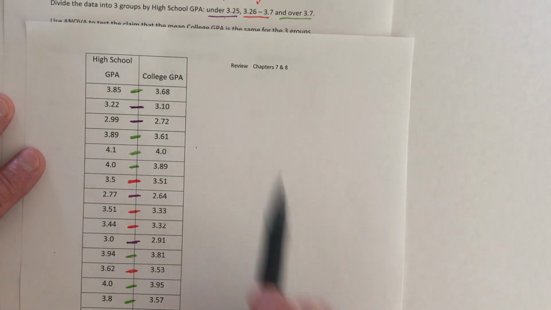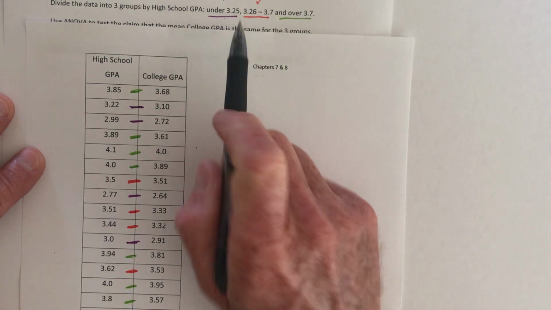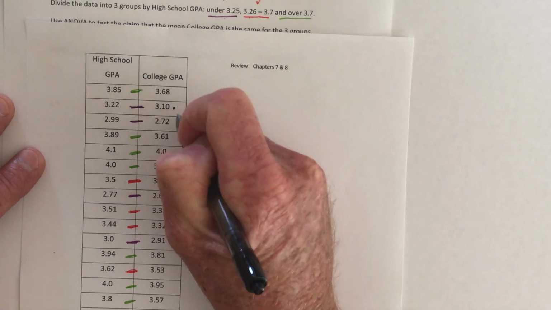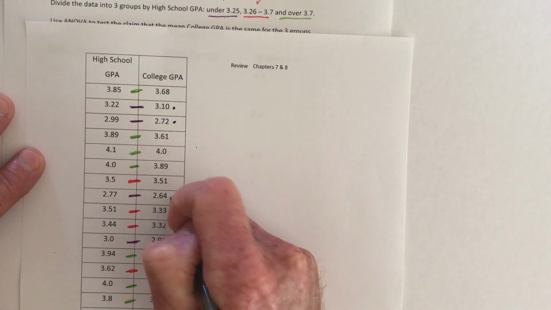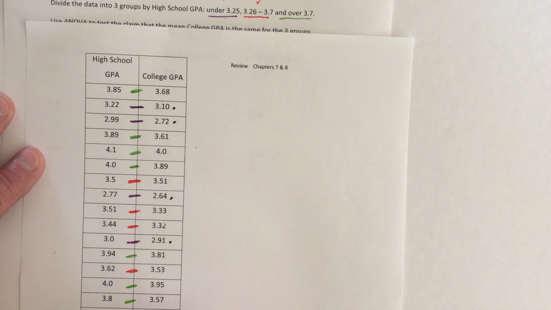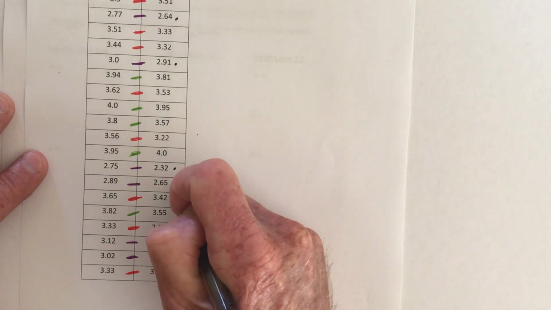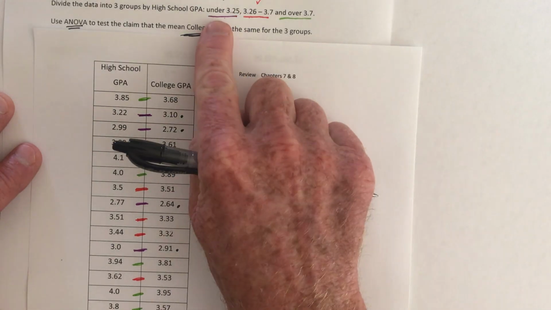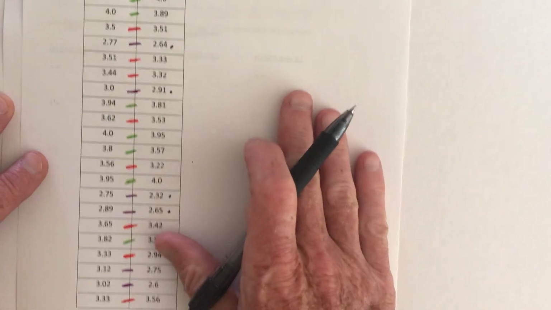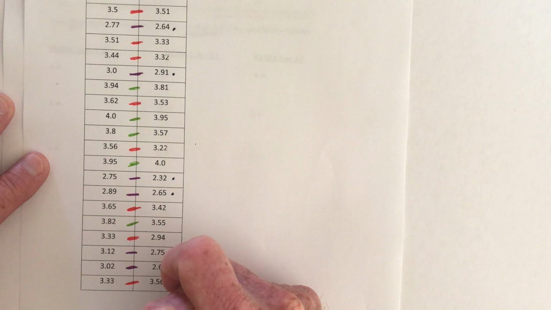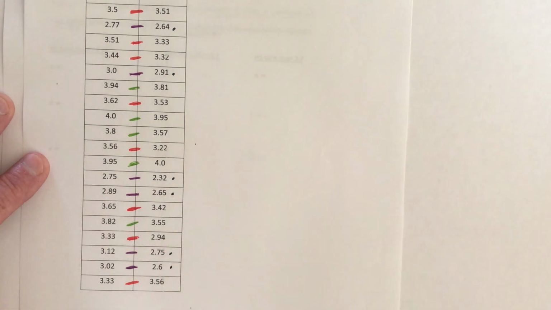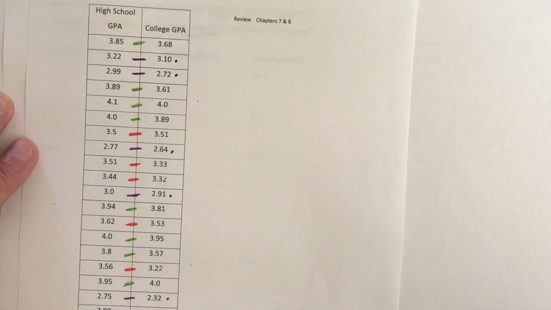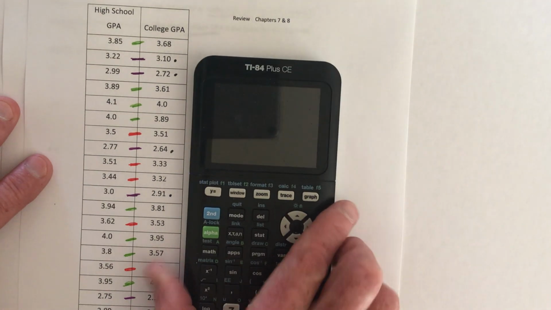So when I look at the purple people, it's actually their college GPA that I need to type in. So for all the purple people, I need to type in their college GPAs. And you don't really need to put a little dot by it like you do with the contingency table.